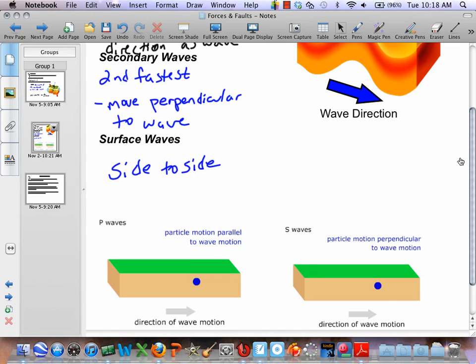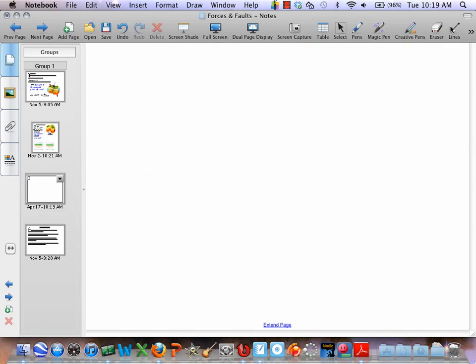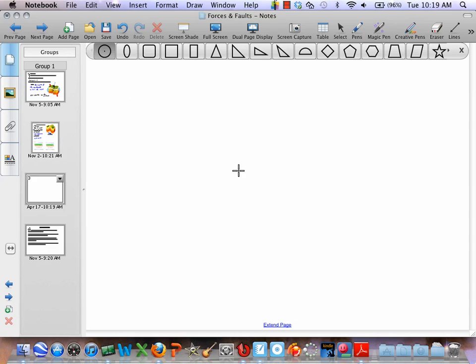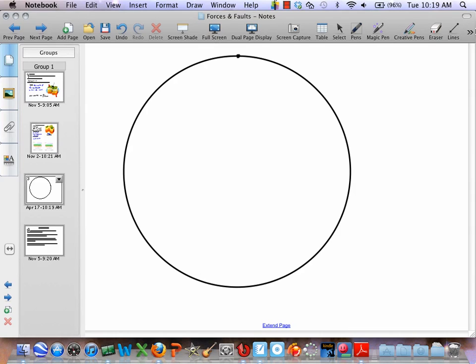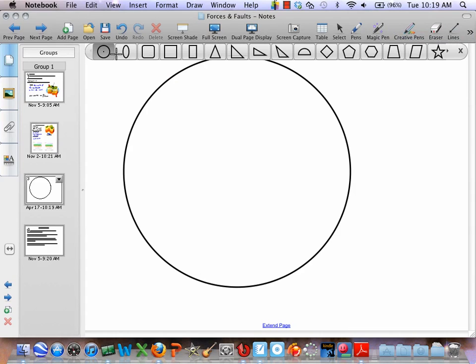One more thing I do need you guys to know is, and you will see this diagram if you look inside your textbook, if we have an earthquake here at the surface, I'll be drawing our outer and inner core.